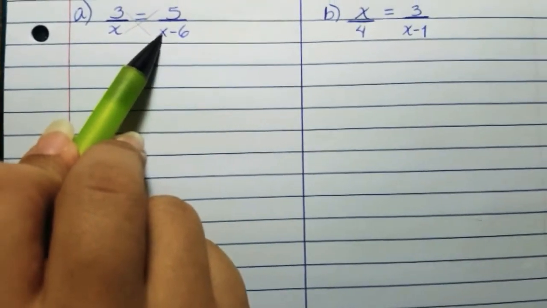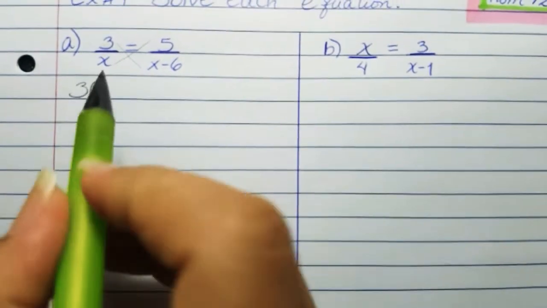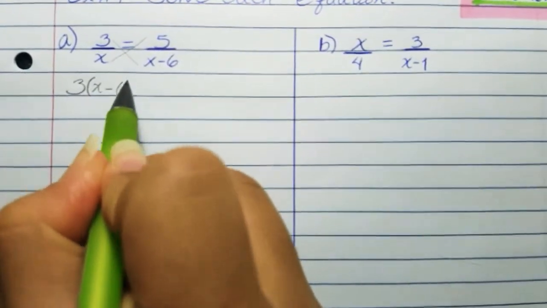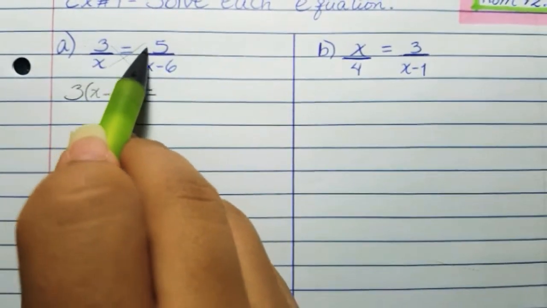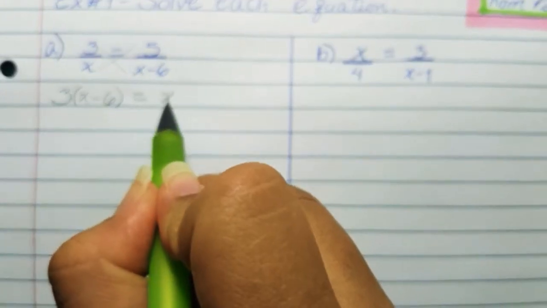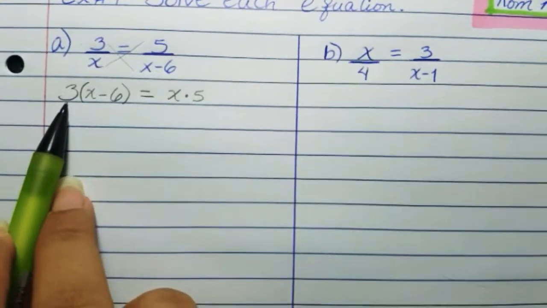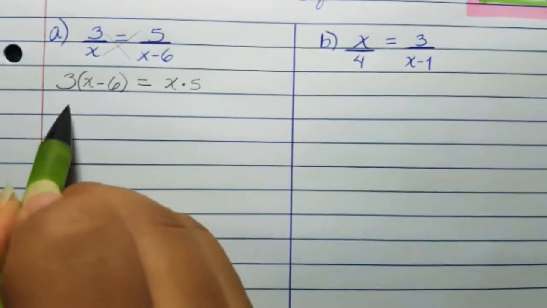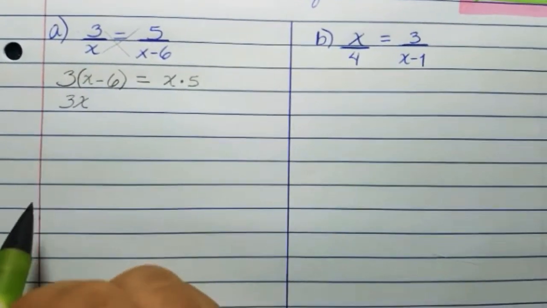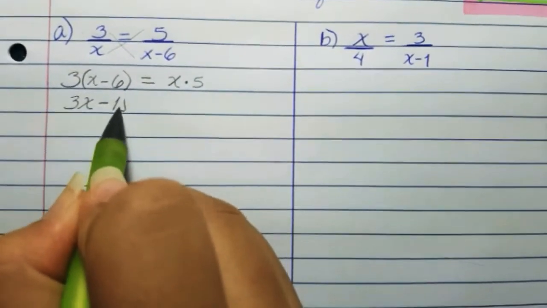3 times x minus 6, and that equals x times 5. I'm going to use the distributive property here to simplify. 3 times x, 3x. 3 times negative 6, negative 18.